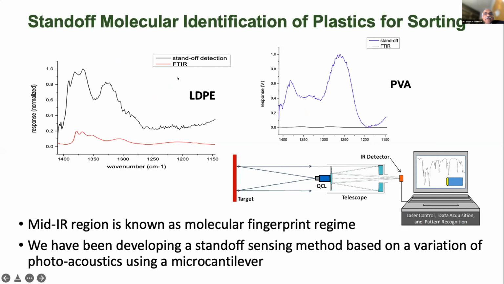And you can see the low density polyethylene and PVA spectra taken say 10 to 15 centimeters away. We can increase the distance even further. So this is the cantilever bending as a function of different wavelength. We are illuminating the faraway surface with this quantum cascade laser, which tunes the wavelength from 1400 to 1150, and it shows a nice spectrum.